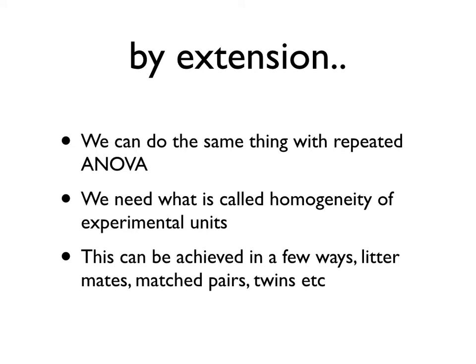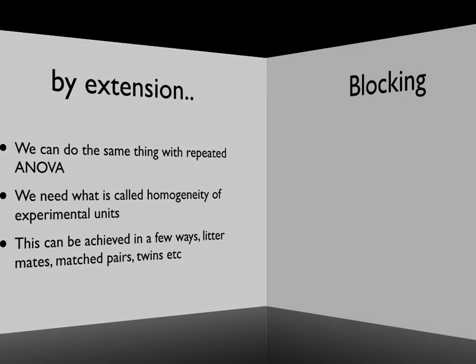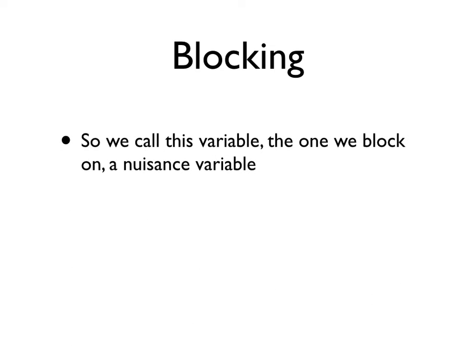There's a few ways we can do this. Litter mates, well, you guys are litter mates, or matched pairs, twins. I have a decent example coming up. We're going to block people on what we consider to be a nuisance variable. It's a variable we can measure, and we know it's going to have an effect, so we just want it removed.